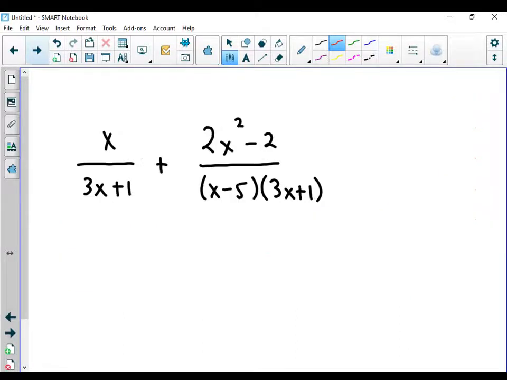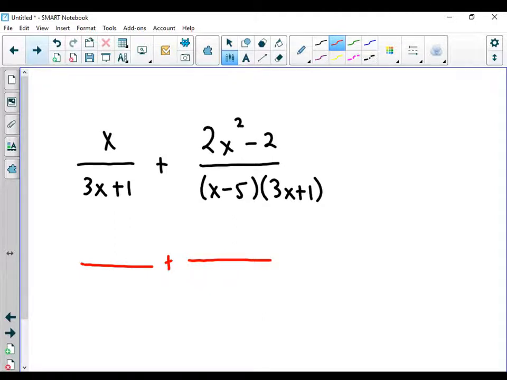All right, let's look at another example. All right, this next example, I have x over 3x plus 1. And I'm going to add to that 2x squared minus 2 over x minus 5 times 3x plus 1. All right, first goal here, again, is to get a common denominator.